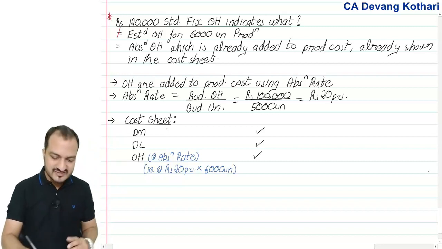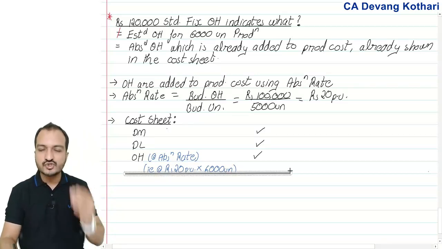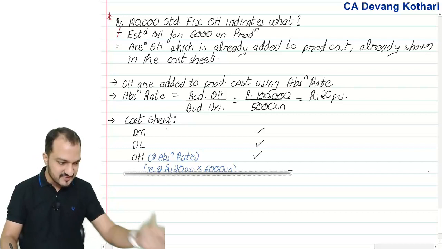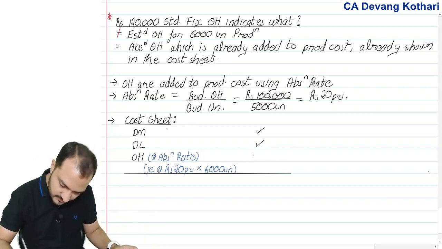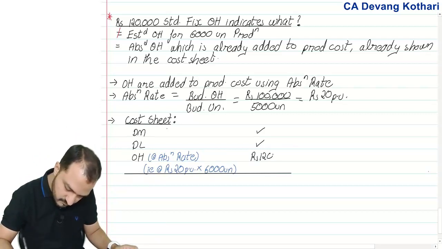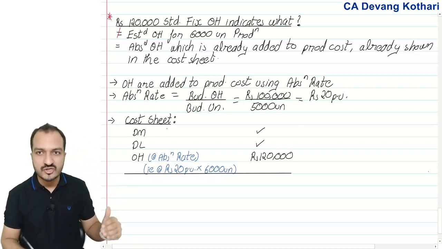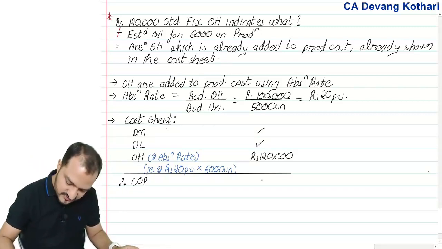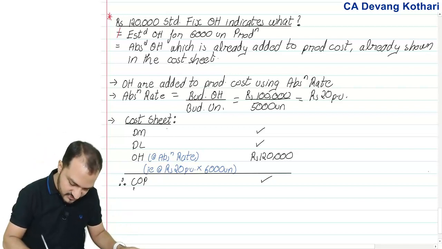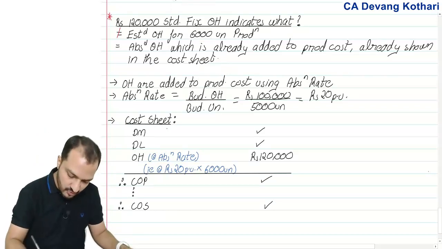So if you actually produced 6,000 units, then the overhead cost of 6,000 units is already shown in the cost sheet. 6,000 units into 20 per unit gives me 1,20,000. You see, this 1,20,000 is already shown in your cost sheet. It is already a part of your product cost, and from that product cost, eventually, you would have got cost of sales. And that cost of sales eventually goes to the P&L.